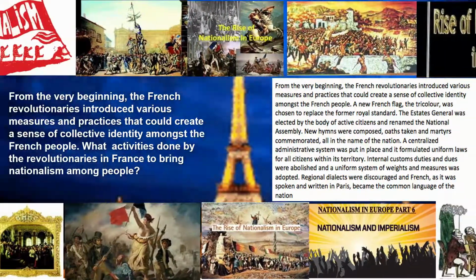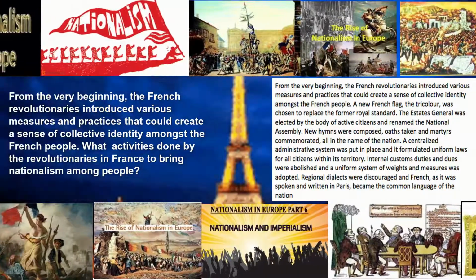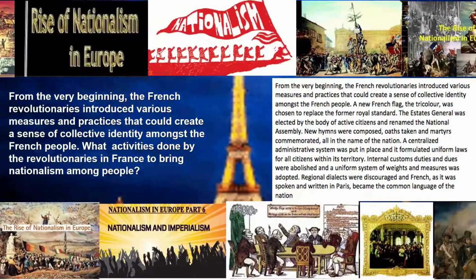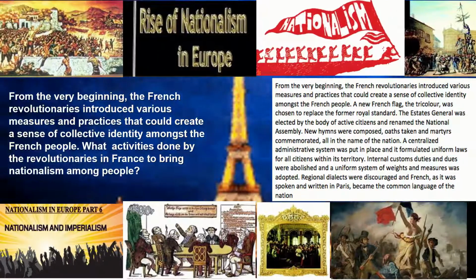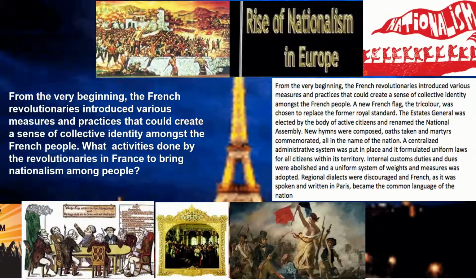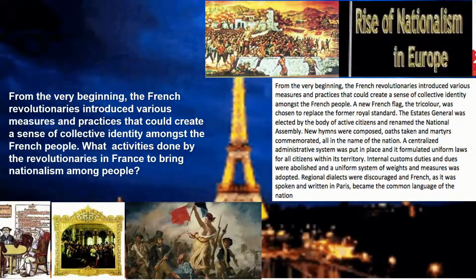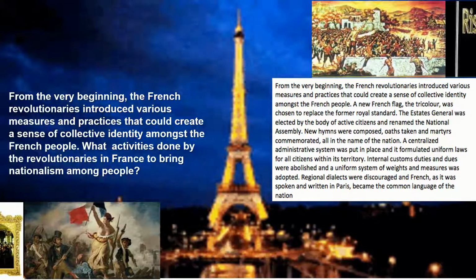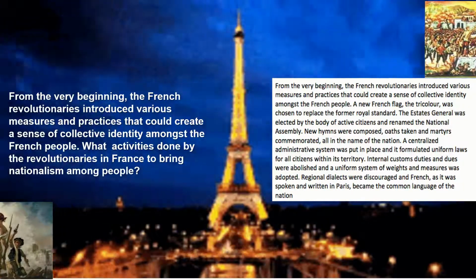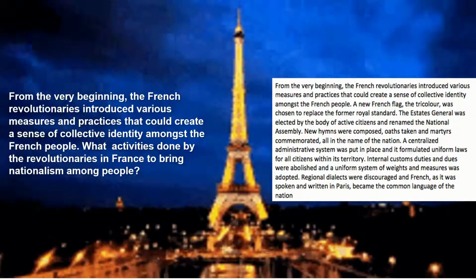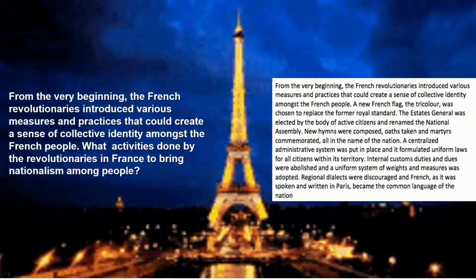A centralized administrative system was put in place and it formulated uniform laws for all citizens within its territory. Internal custom duties and dues were abolished and a uniform system of weights and measures was adopted. Regional dialects were discouraged and French, as it was spoken and written in Paris, became the common language of the nation.